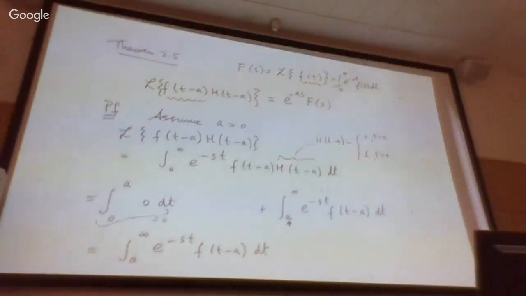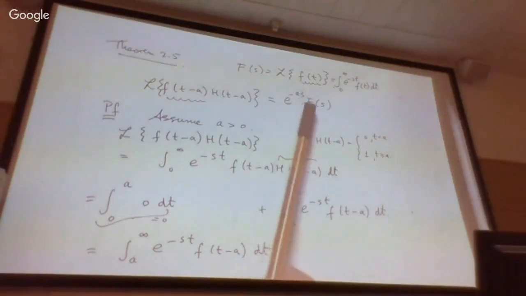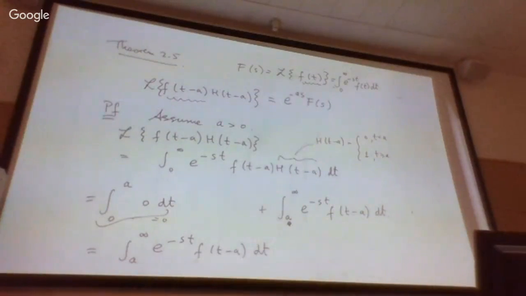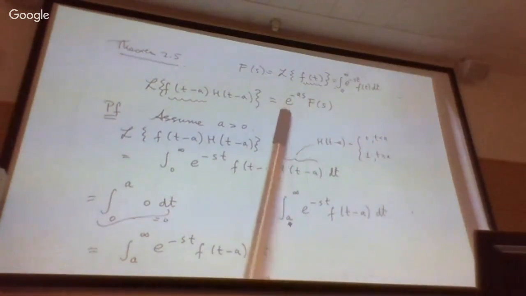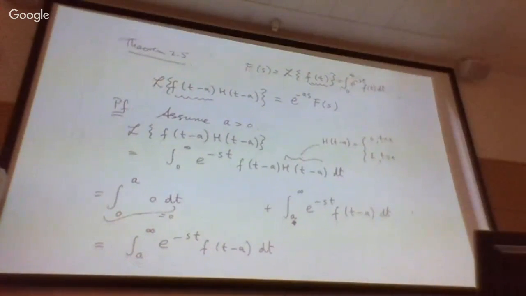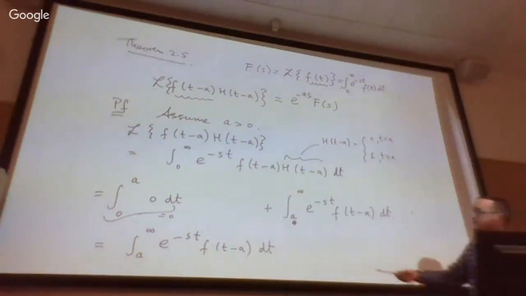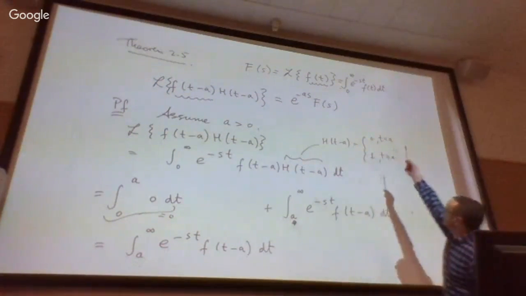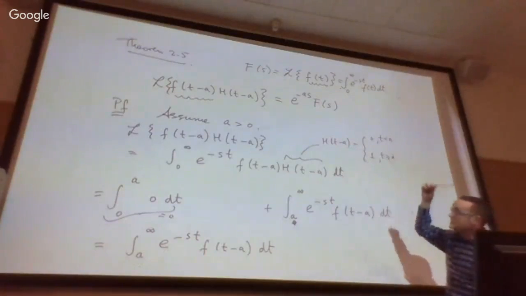Now are we done? Are we finished? We have to show it's the transform capital F, which is the transform of little f. And we need this exponential factor at the front. If you look at what you've got, this integral here, it looks pretty much like that, except not exactly. So you're comparing this integral here to the integral at the top, which is what capital F is.